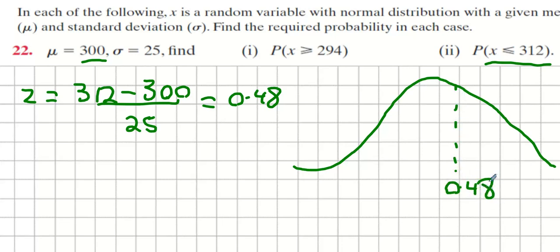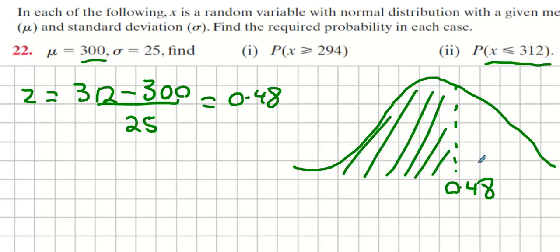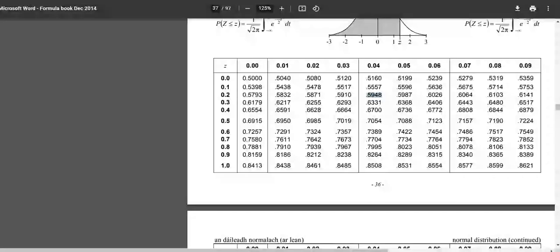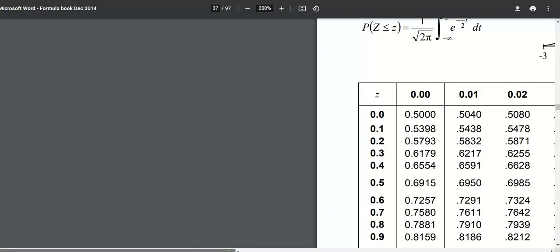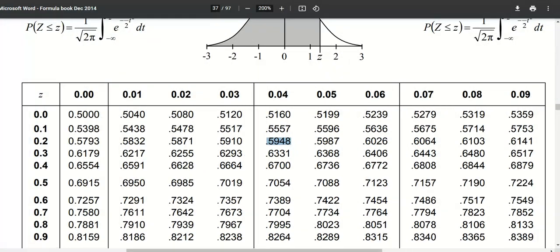And we want to be smaller than that, so it's going to be all this region in here, all the region smaller than the z-score of 0.48. Go to your diagram, go to 0.4, and then look all the way across till I get to 0.48. Who got 0.6844? Okay.